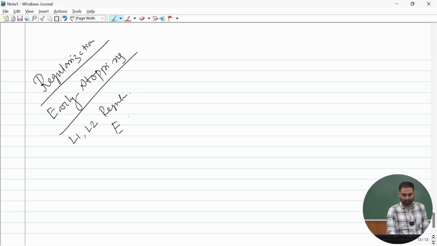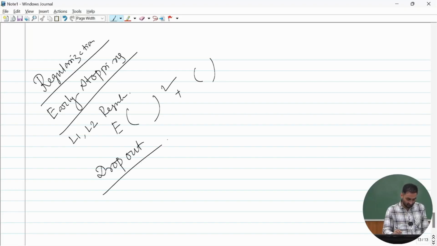Along with the error, let's say square error or log likelihood, some sort of cross entropy error, you also add a regularizer. The other option is called dropout, where you essentially freeze a fraction of neurons from being updated. So you're basically making the neural network sparse. Again, there are different ways to identify the neurons which need to be dropped out.